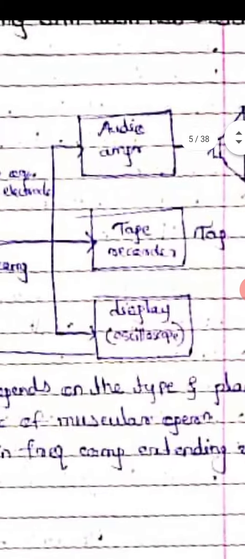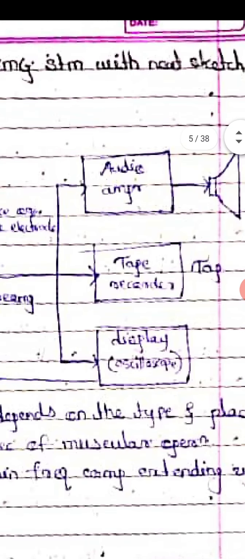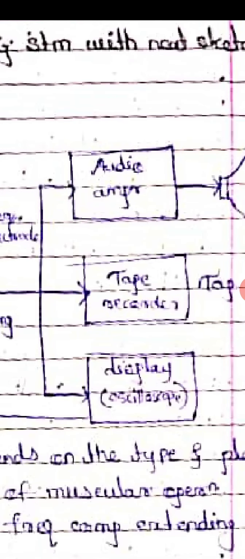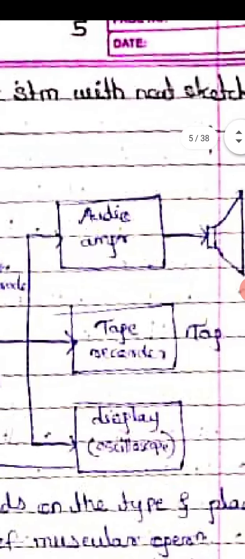The display unit gives a direct display of the electrical signals which we picked from the human body. Here they use a storage oscilloscope or a simple CRT monitor for the display purpose. The electrical signals picked by the electrodes are displayed as a graphical representation.